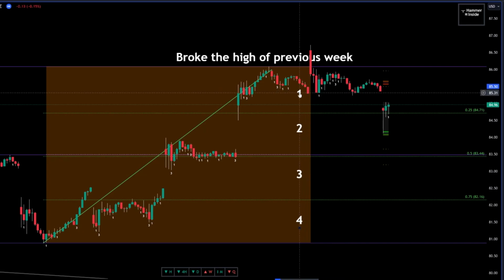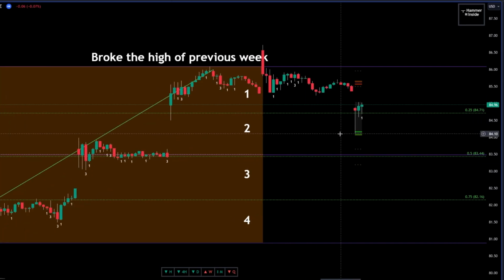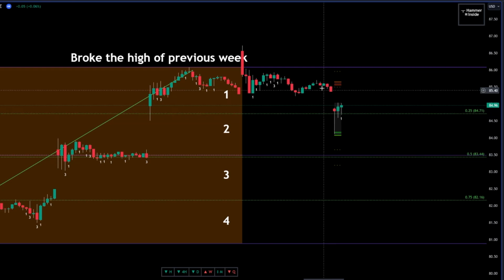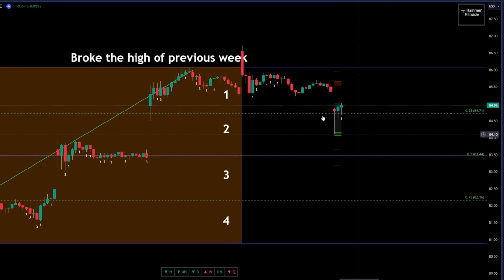Of the previous week. So when we break into section 2 on the outside candle radar, on the week, this is registering as a rejection, right?